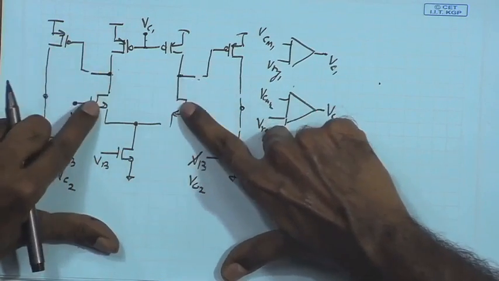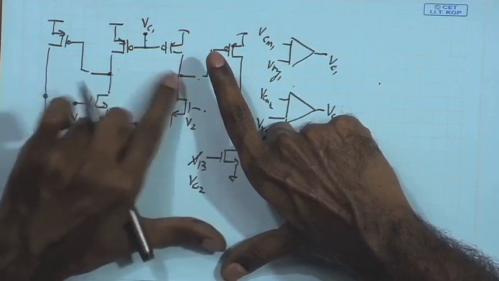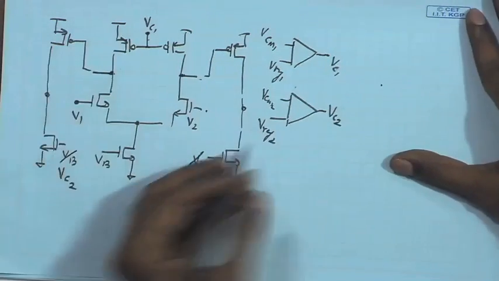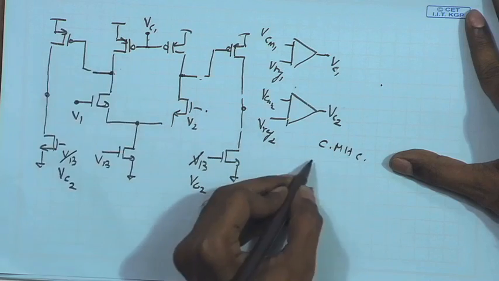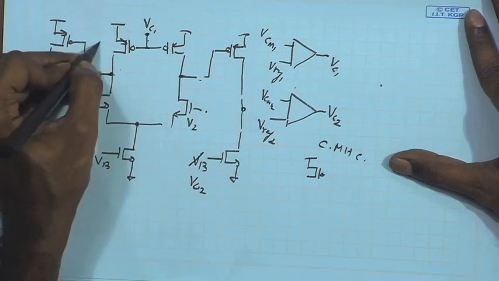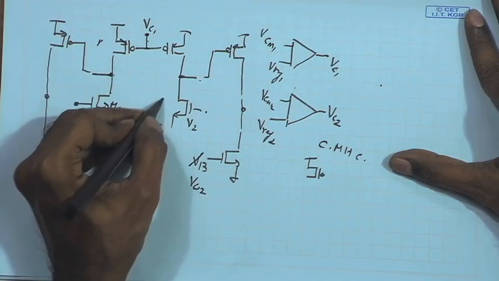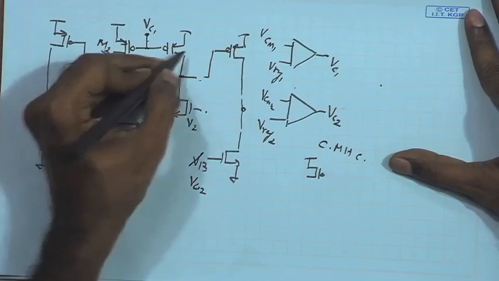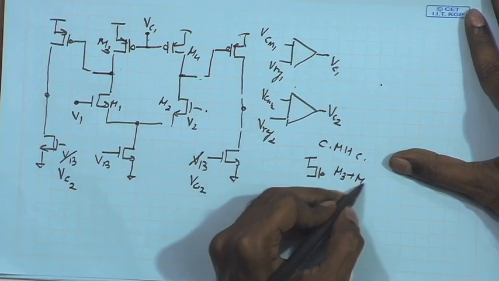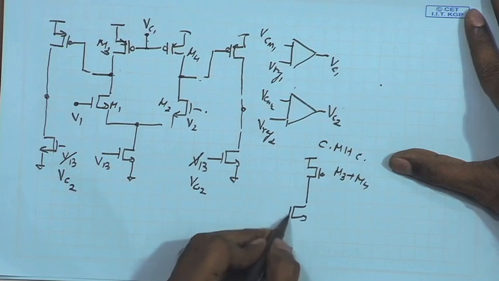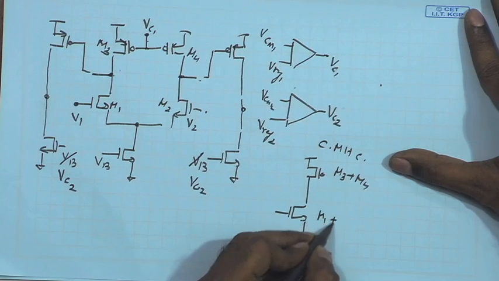So, in the common mode half circuit, we simply tie these two nodes together, and as a result, in the equivalent common mode half circuit, I will have the two transistors M1, M2 and M3, M4 tied up together. So, I will have this as M3 plus M4, and the input device will be reduced to M1 plus M2.